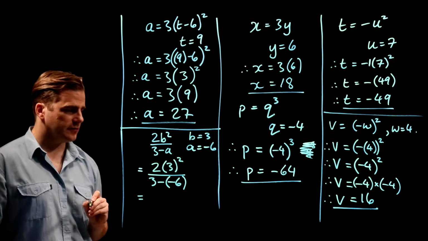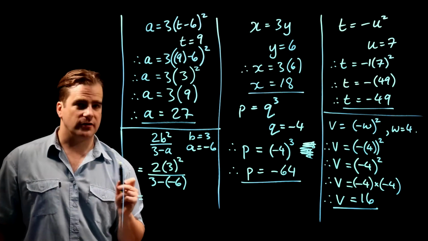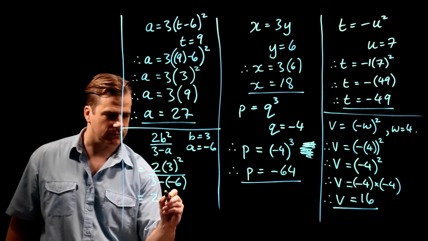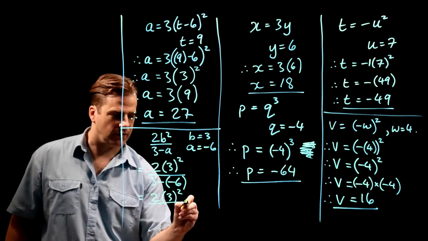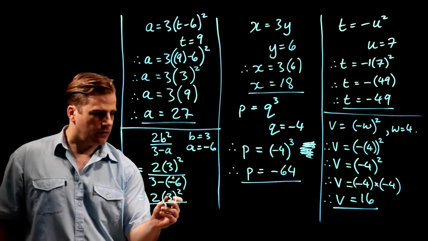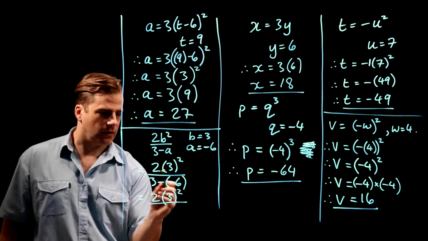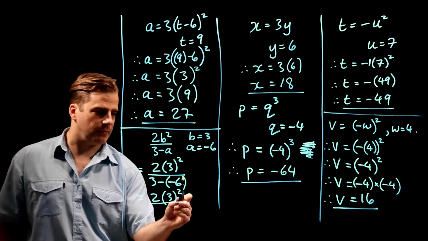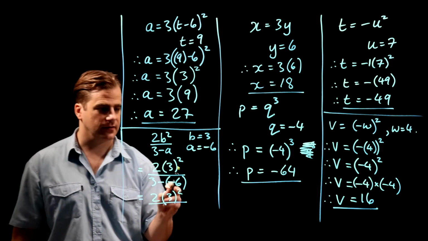So that equals, no need to rush. Let's leave the top alone for the moment. Okay? And just deal with the bottom. We have a minus. Okay, firstly the bracket, BIDMAS, brackets first. We can't simplify the contents of that bracket anymore. Minus 6 is as simple as it gets.